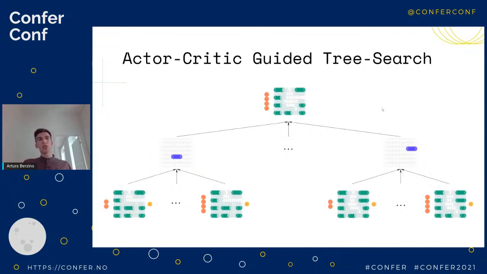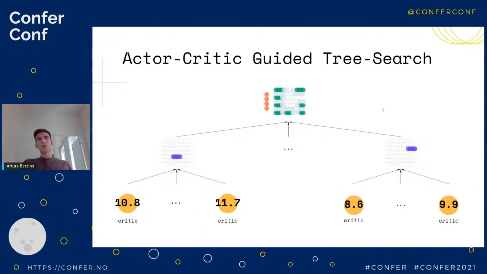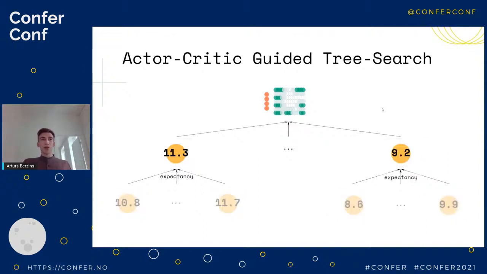And then you can use this tree to backpropagate the values, and the leaf nodes you can evaluate using your critic. And again, you weight these values with the probabilities of them appearing, and when you take actions, you take the action that leads to the largest value.